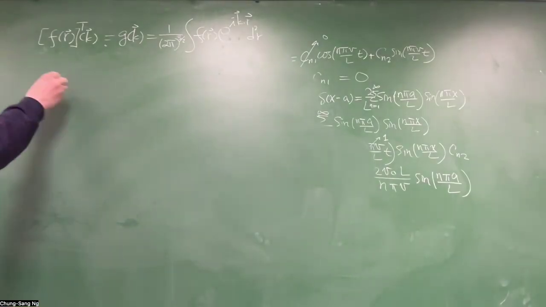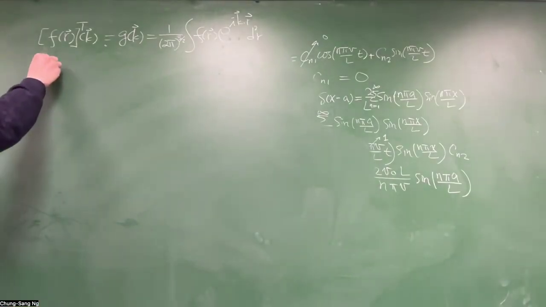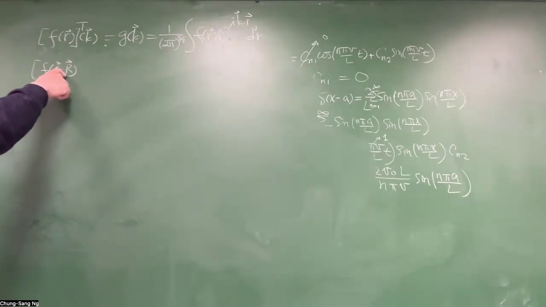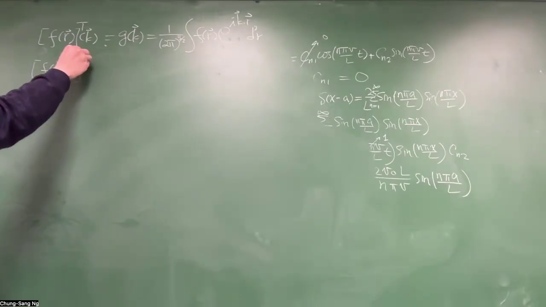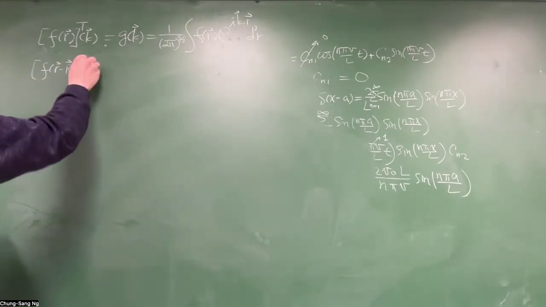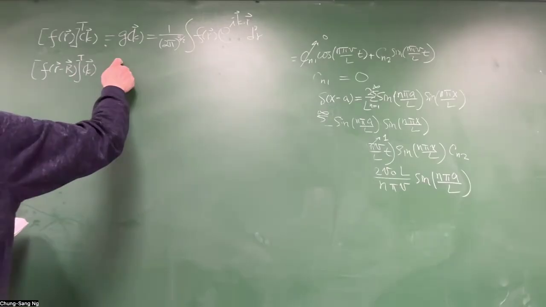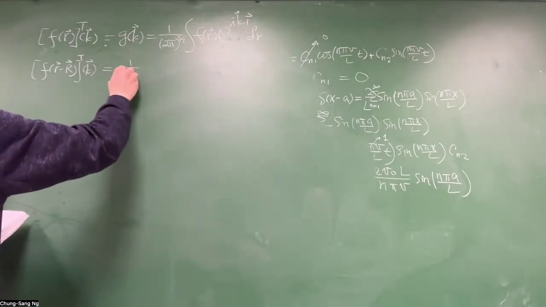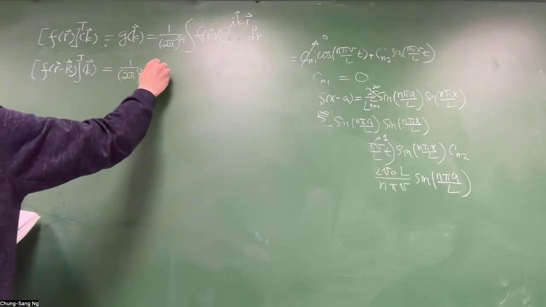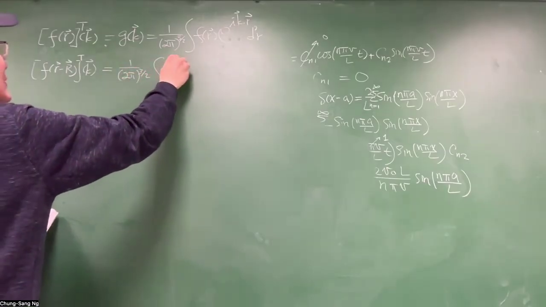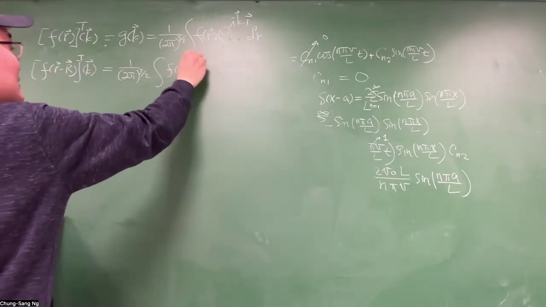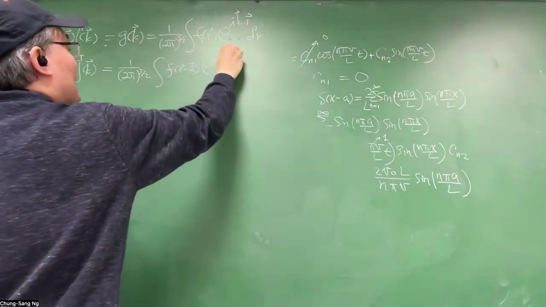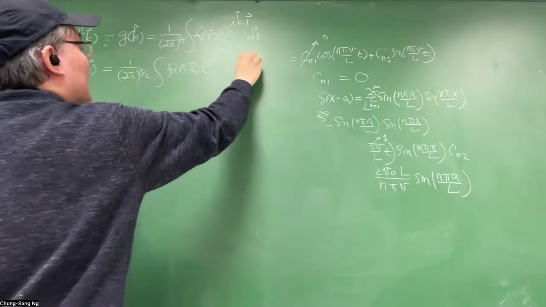Now the first one we already did: f of r minus a constant vector R. Just by the definition, put f of r minus R here, and copy everything else.